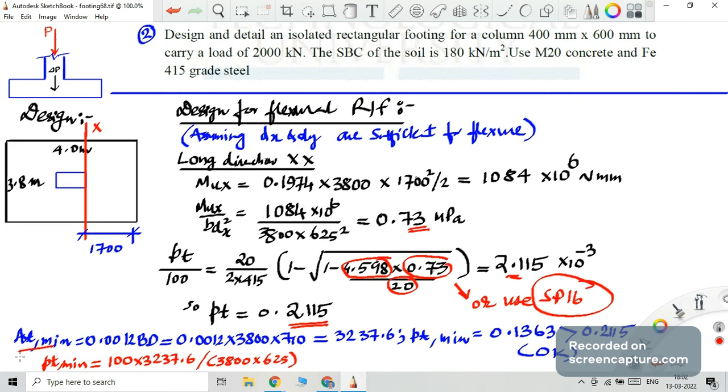And check whether it is okay as per the minimum requirement. So code says AST minimum, as we have done in the previous problem, is 0.0012 BD. B is 3800, D is overall depth 710, so AST is 3237. From that you can calculate PT minimum, that is 100 AST by B into D, B is 3800, D is the effective depth 625, you get it as 0.1363.